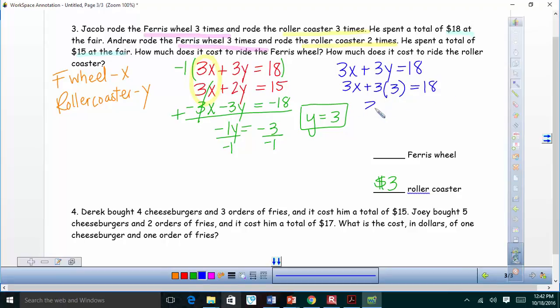Okay, bring down your 3x. 3 times 3 is 9. If we want to solve for x, we would first subtract 9 from both sides. This gives me 3x equals 9. We divide by 3, and so how much does the Ferris wheel cost? $3.